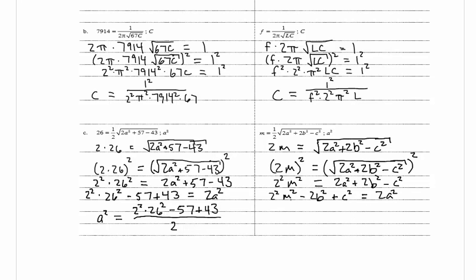And now we're going to divide both sides by 2. So a squared is equal to 2 squared m squared minus 2b squared plus c squared, all divided by 2. And that's our video on solving literal equations containing radicals.